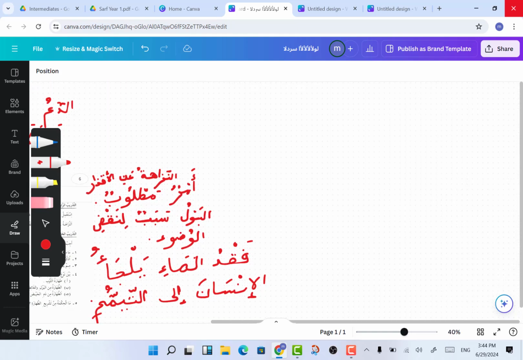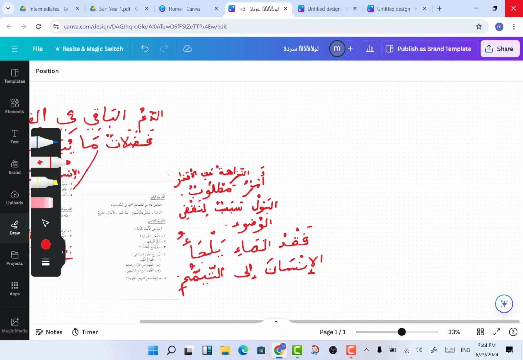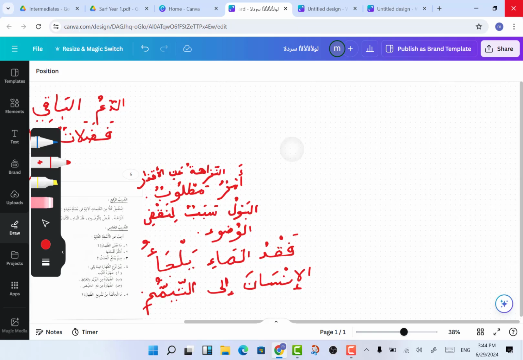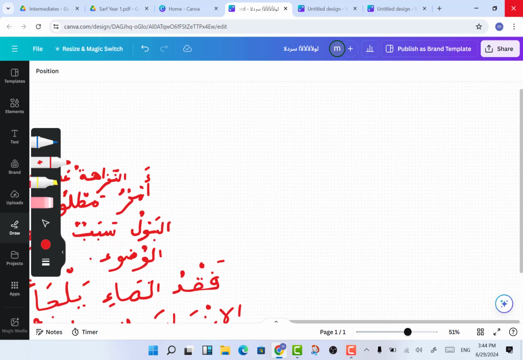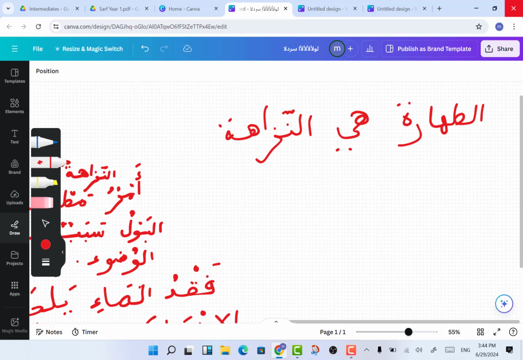Al-aqdar. At-taharatu hiya an-naza'atu anil aqdar.